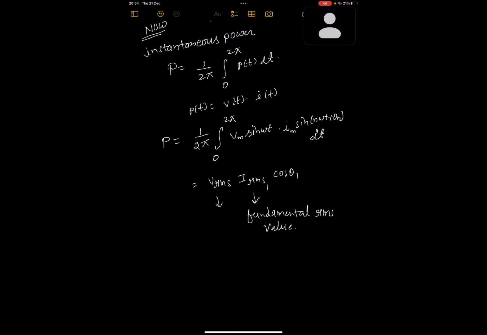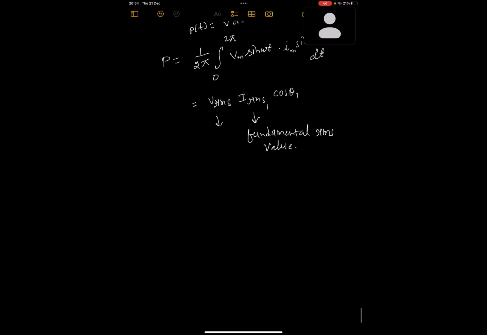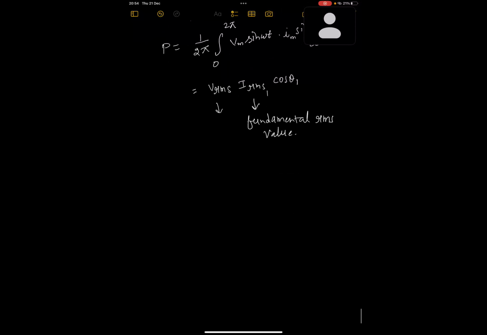Now I'm going to explain what the power factor is. Power factor is represented by PF, the short form of power factor. I already told you power factor is nothing but real power by apparent power.